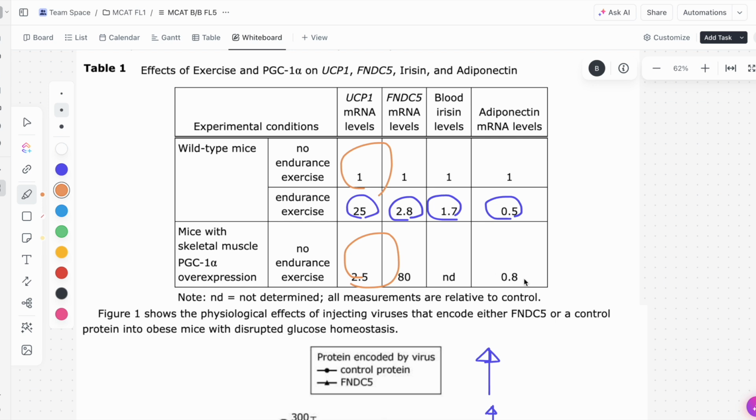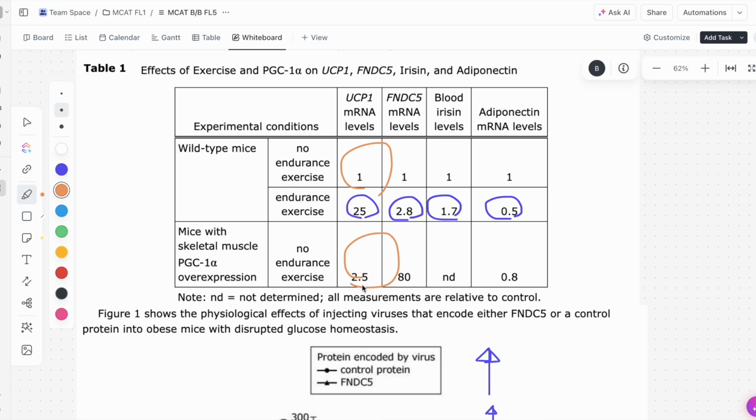So what does that mean? It kind of looks like even if you don't exercise, if you overexpress PGC-1 alpha, you're getting expression patterns that are similar to what you would get with wild type mice if they exercised, right?